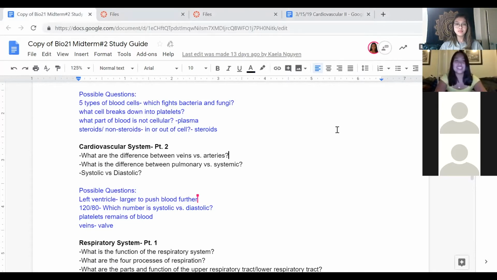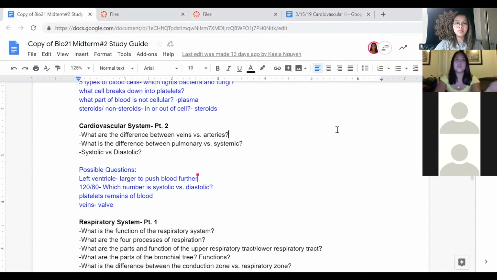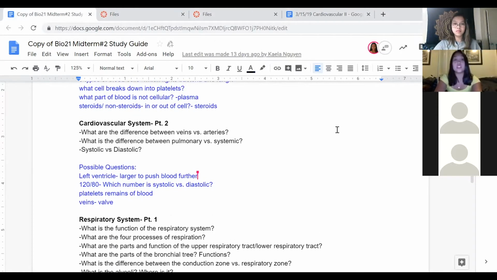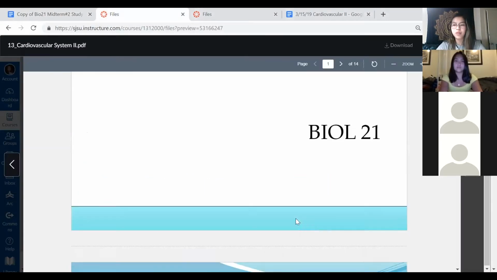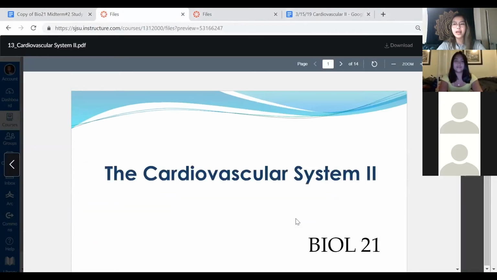Okay, cardiovascular system part 2. These are some of the questions. What are the differences between veins and arteries? If you remember from the lecture, veins and arteries are both blood vessels, meaning that they carry blood throughout your body.